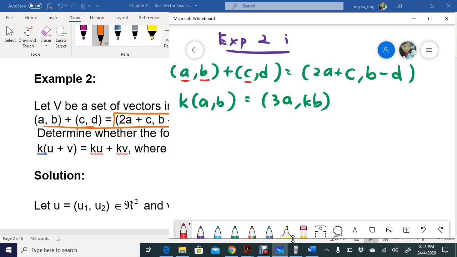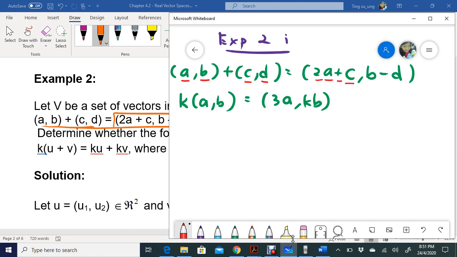C is the first element, D is the second element for the second vector. You get what I mean? So this is how it goes. So how do you read this? It means that you have 2 times the first element in vector 1 plus the first element in vector 2.